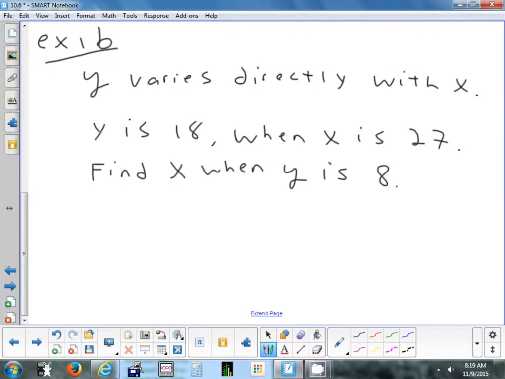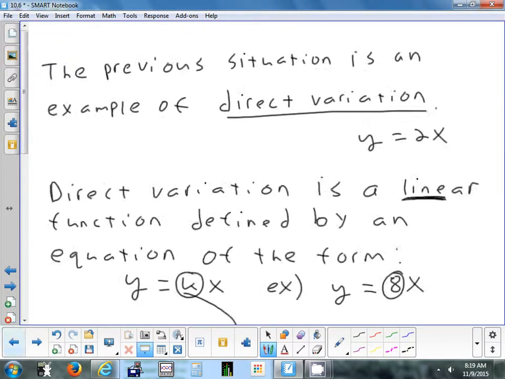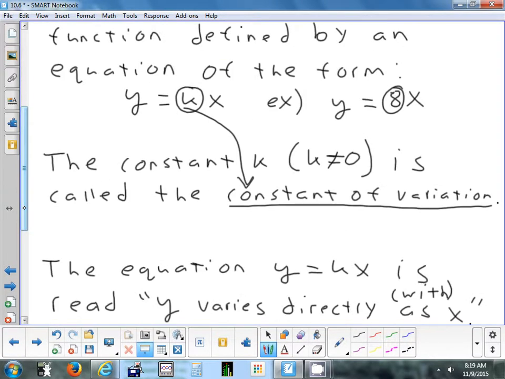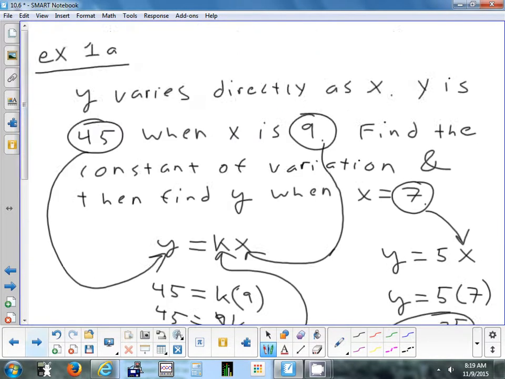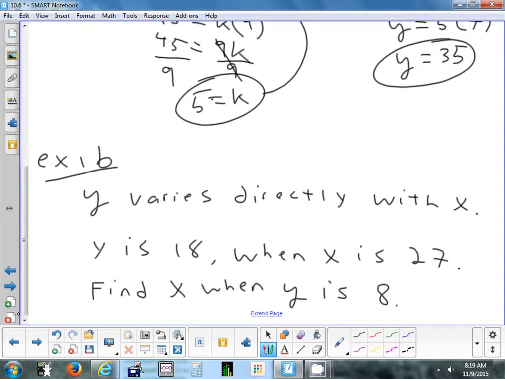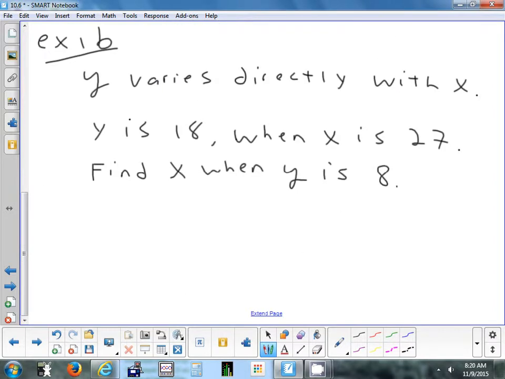So our constant of variation is k. So we have to find k. Maria, can you remind me what equation I use when I have direct variation? Y equals kx.